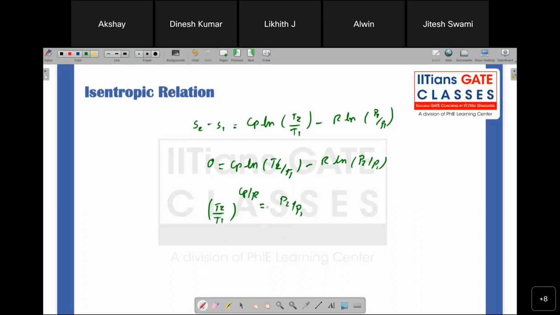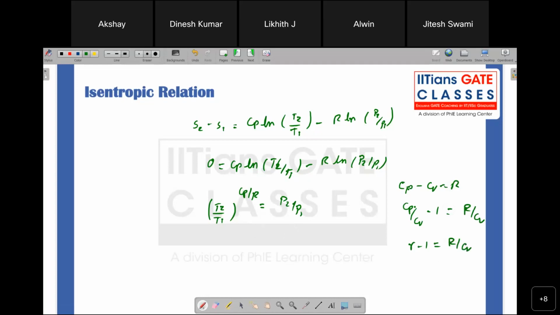Now I know Cp minus Cv is equal to R. If I divide by Cv, Cp by Cv minus 1 is equal to R by Cv, that becomes gamma minus 1 is equal to R by Cv.